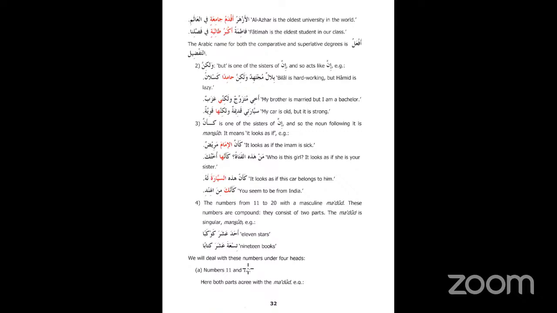Number 4. The numbers from 11 to 20 with the masculine madud. These numbers are compound. They consist of 2 parts. The madud is singular mansub. From 11 to 20, they are masculine madud and they're singular.